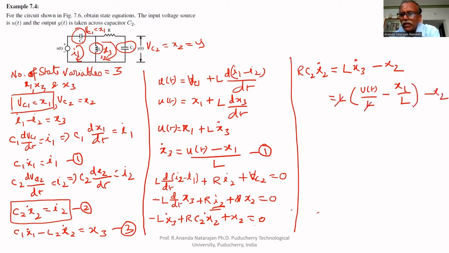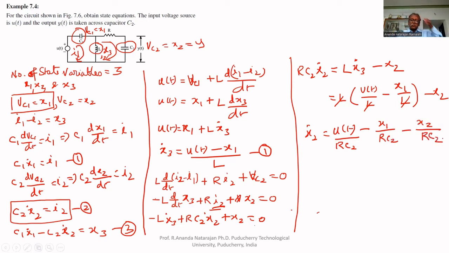So this L is getting cancelled. Therefore, x2 dot equal to u(t) divided by RC2 minus x1 divided by RC2 minus x2 divided by RC2. This is the equation for x2 dot.